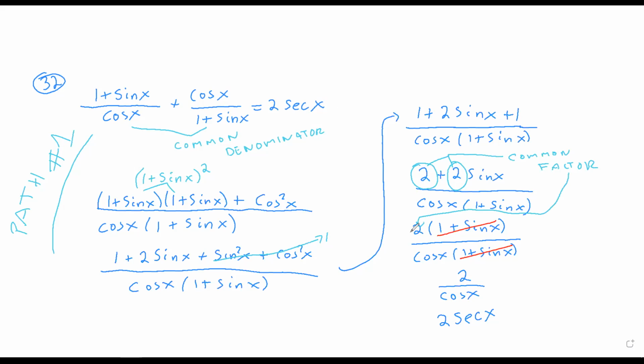We're going to say 2 divided by 2 is 1. 2 sine of x divided by 2 is sine of x. But does it matter if it was multiplying the 2 sine of x? No, because we're using it as a common factor, so we're bringing it out. That's why the common factor is 2.